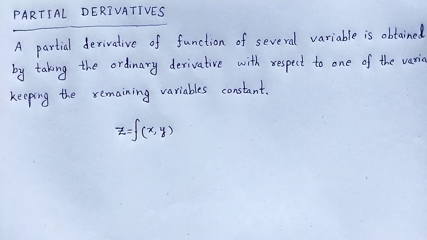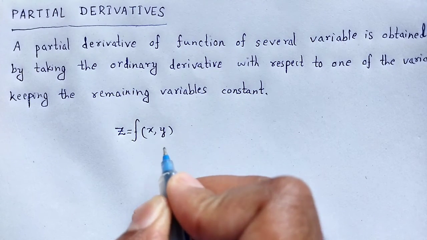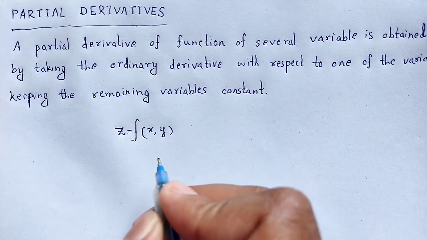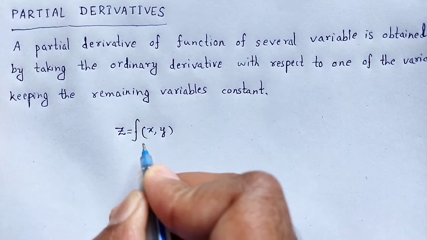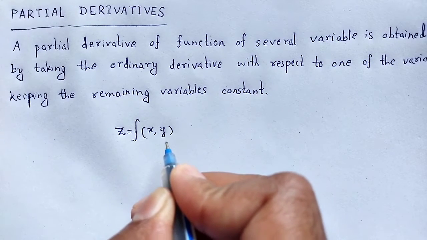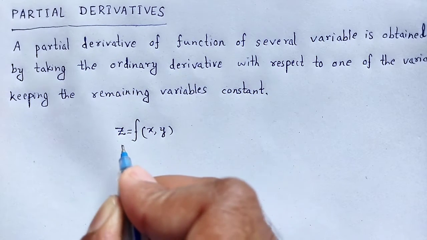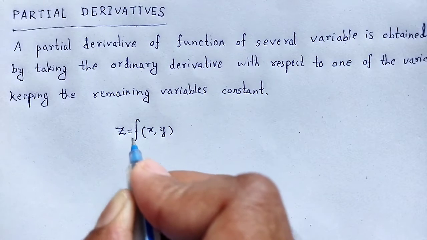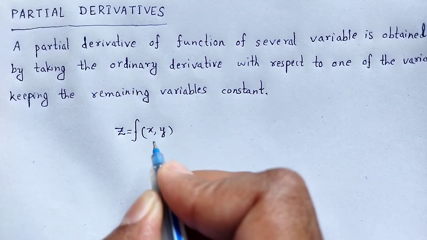Then the derivative of z with respect to x, keeping y as constant, is called the partial derivative of z with respect to x.